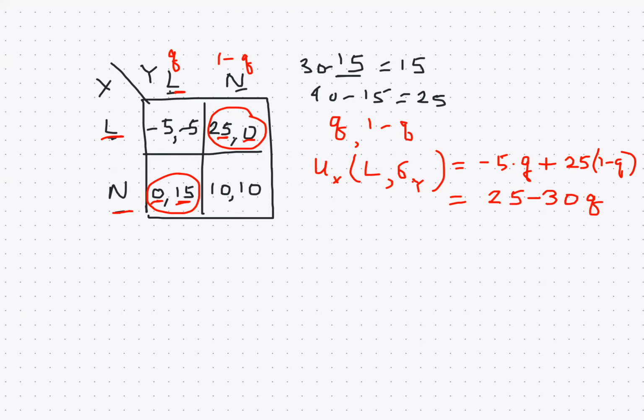All right, so that's the expected payoff from playing lobby for firm X. And if firm X chooses not to lobby, then the expected payoff for firm X would be, so firm X would get 0 with a probability of Q, so 0 times Q, plus it gets 10 with a probability of 1 minus Q.